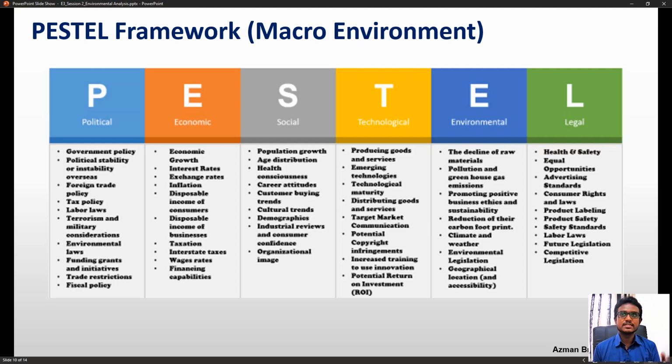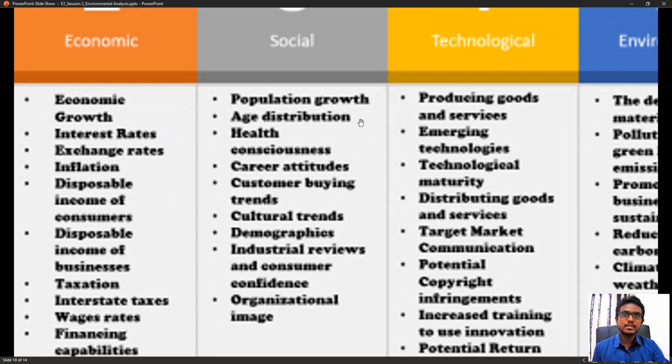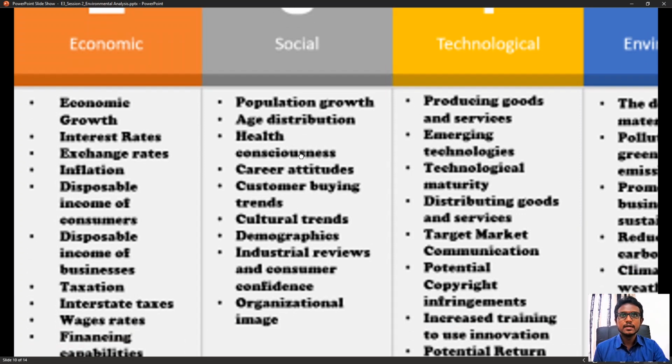I'm going to take one example. Under the social factor, you have population growth, age distribution, health consciousness, career attitudes, customer buying trends, cultural trends, demographics, industrial reviews and consumer confidence, and even organizational image.